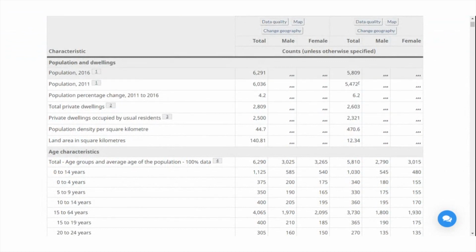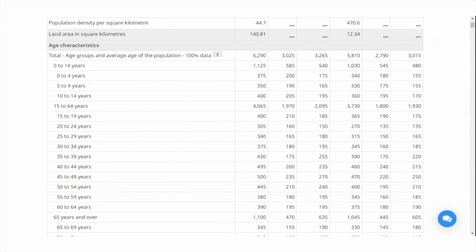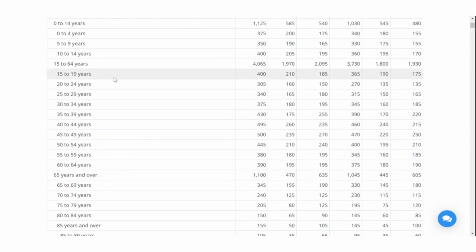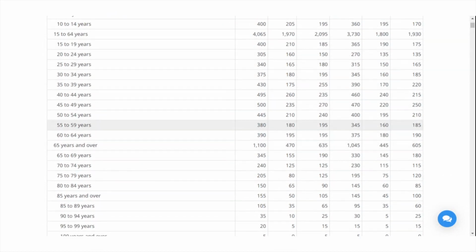This data is quite extensive. They'll give you population, private dwellings, population density, land area. They take the age characteristics and break it down by division, population by how many people from 0 to 14, 0 to 4, all kinds of detail.